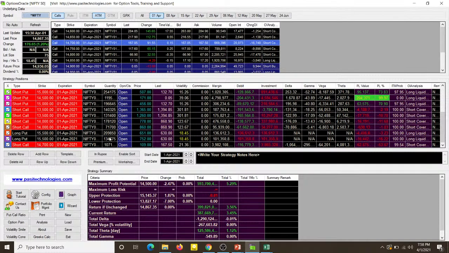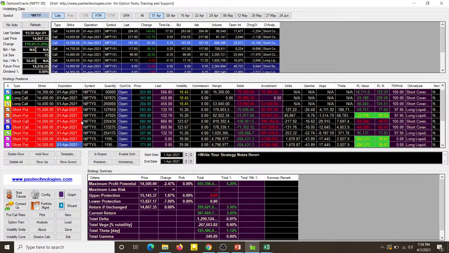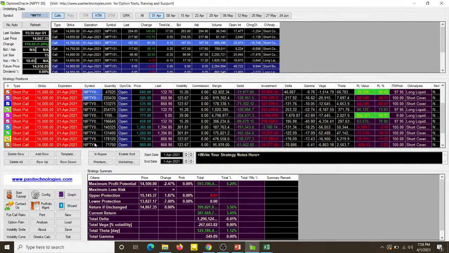So these are all the past positions up till 31st March, correct? So ignore all this. I've just added this on an everyday basis. I've updated everything, but as of yesterday end it was showing 14,500 to be the max profit point. Now let's come to the main point here, which is the discussion of the intraday action today, correct?